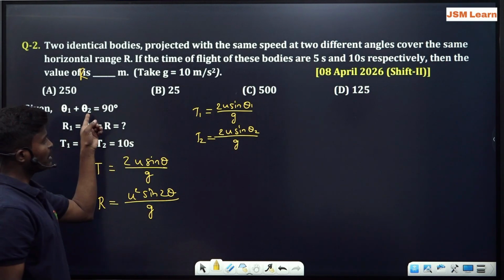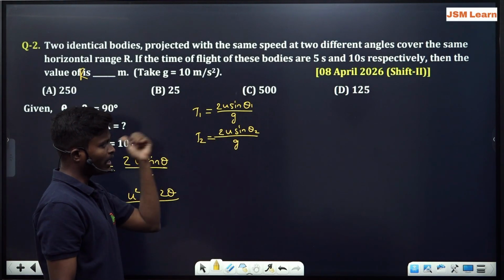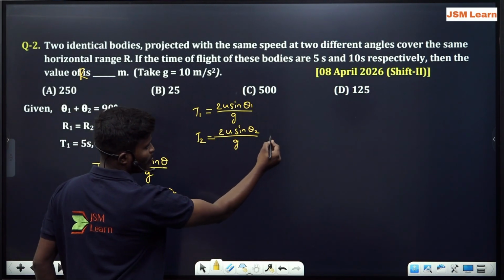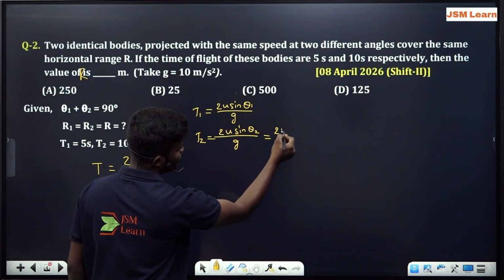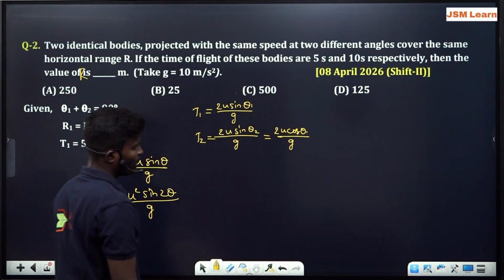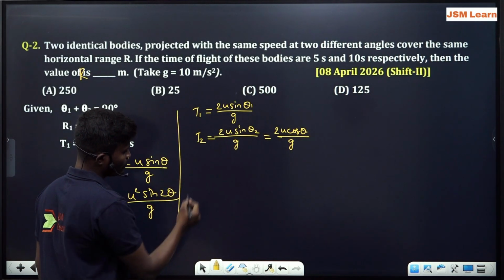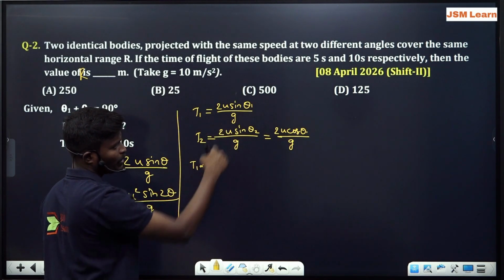If theta 1 + theta 2 = 90, this theta 2 value can be written as 90 - theta 1, and sine (90 - theta) is equal to cos theta. So 2u cos theta 1 by g we can write. So if we multiply T1 and T2, T1 into T2 will be equal to 2 into 2, 4.